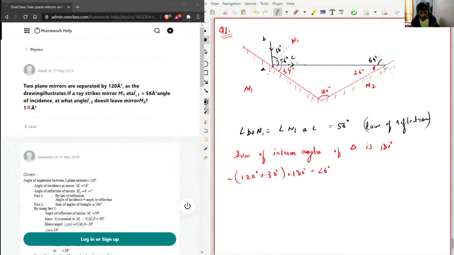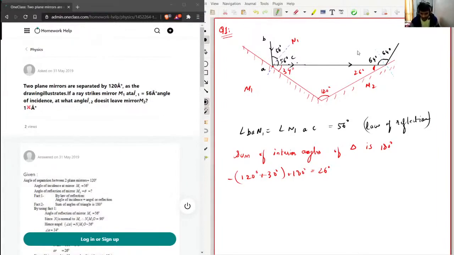And again, law of reflection, so angle of incidence will be equal to angle of reflection. So let's say this is 64 like this. In the question, okay, so first thing is that we need to calculate I2.